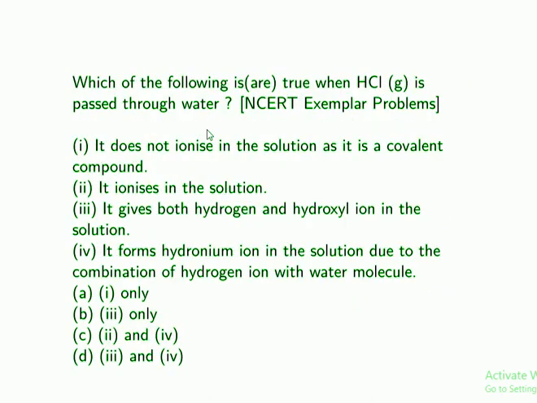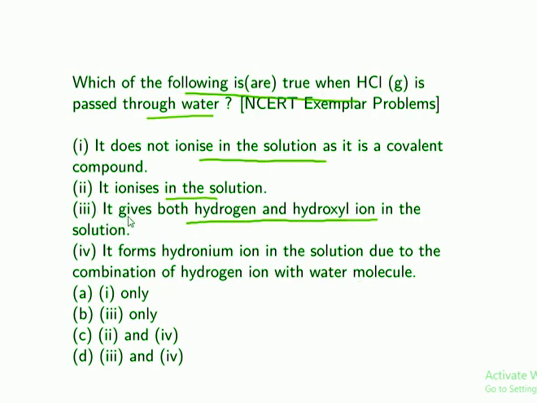Okay, next question. Which of the following is true when HCl gas is passed through water? It does not ionize the solution as it is a covalent compound. It ionizes the solution. It gives both hydrogen and hydroxyl ions in the solution. It forms hydronium ion in the solution due to combination of hydrogen ion with water molecules.